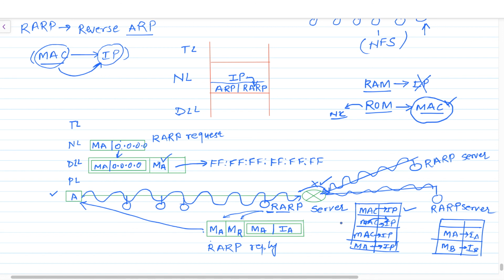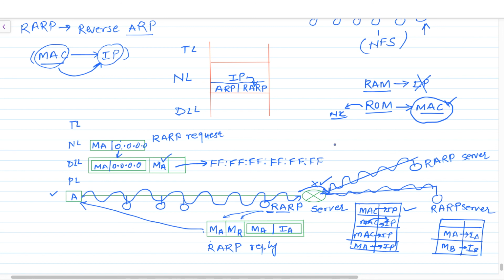Suppose there is an organization having 100 computer systems. At a time only 50 computers are in use, like a day shift and a night shift. So if we use this RARP server, it will link all 100 IP addresses with the 100 computer systems. Even if 50 computers are not in use, these static IP addresses cannot be assigned to other computers. So this is another disadvantage of RARP.